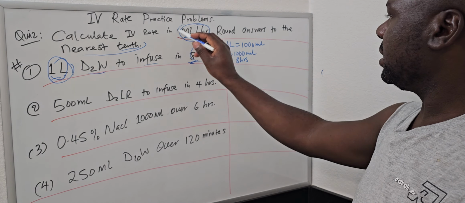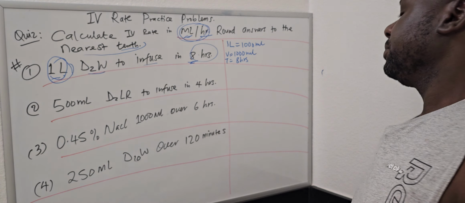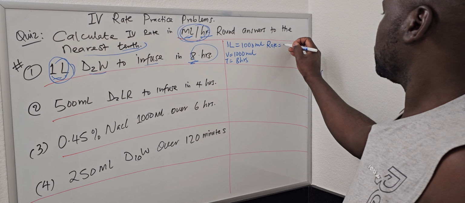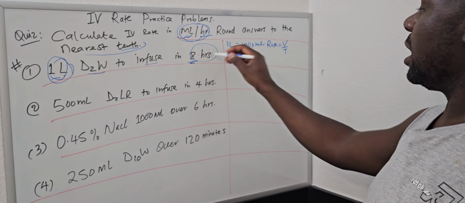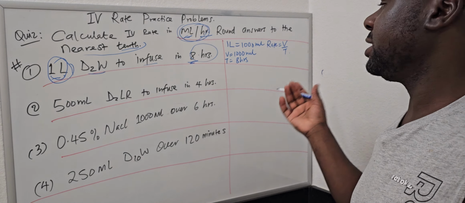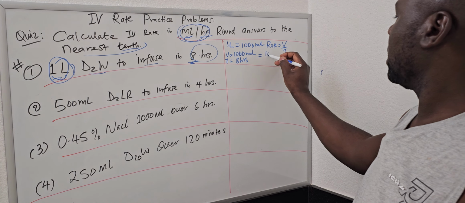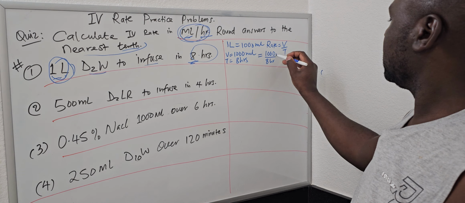They're asking us to find the rate of infusion of this volume. Basically, the formula of rate is equal to volume over time. The time here is given in hours. If it was asking minutes, we could change, but now we leave it as it is. So our answer is 1,000 divided by 8 hours, and these are ml.